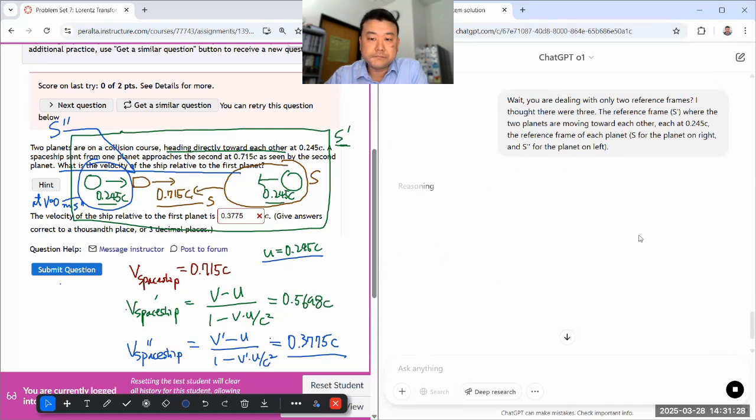And I don't know if it'll try to convince me or it'll say, oh, my bad, here are answers with the three reference frames.